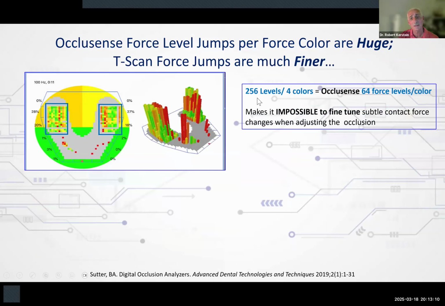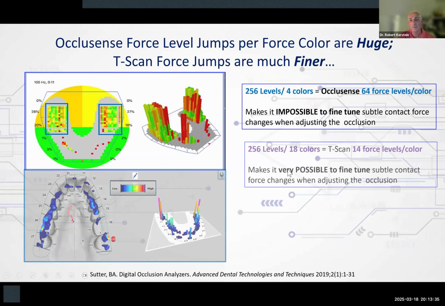OccluSense, although it represents 256 levels of force, it only uses a 4-color scheme, which means each color represents 64 force levels. So the difference between what is green tall or green small or red tall or red small is very hard to discern. And it makes it impossible to fine-tune subtle contact changes because there aren't enough force levels per color. There's too many.